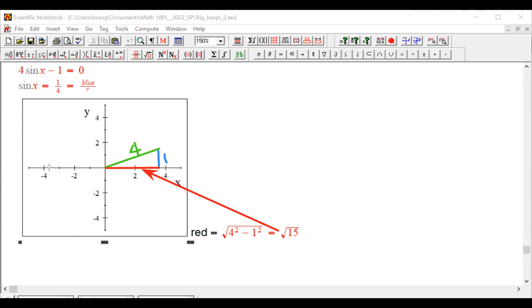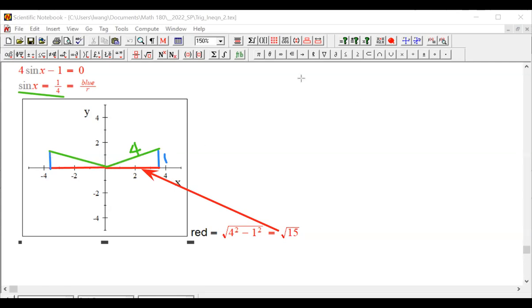So on the other side, there's a red, there's a blue, and there's the hypotenuse, for 1 and negative root 15. So for sine x equals 1/4, we have 2 terminals corresponding to it.